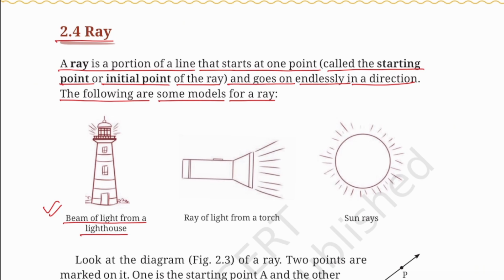Lighthouse is used to show direction to boats. Ray of light from a torch. Sun rays. You can see all three have a starting or initial point from where the rays start and go endlessly.